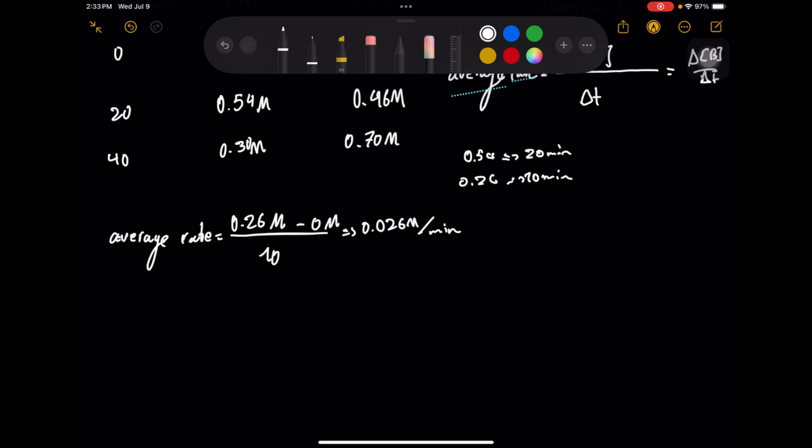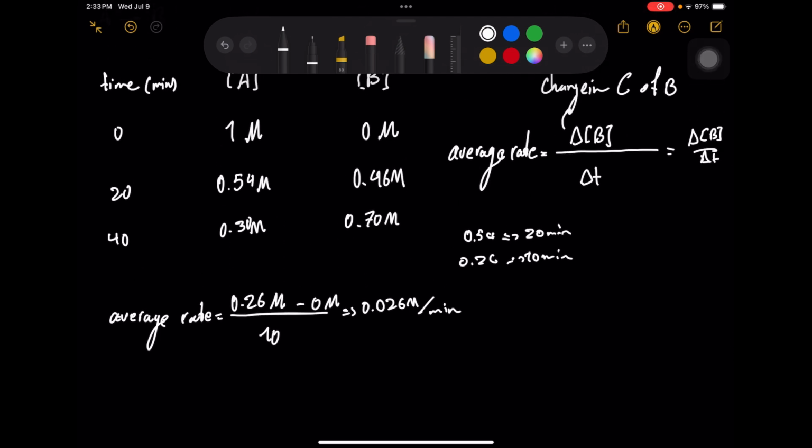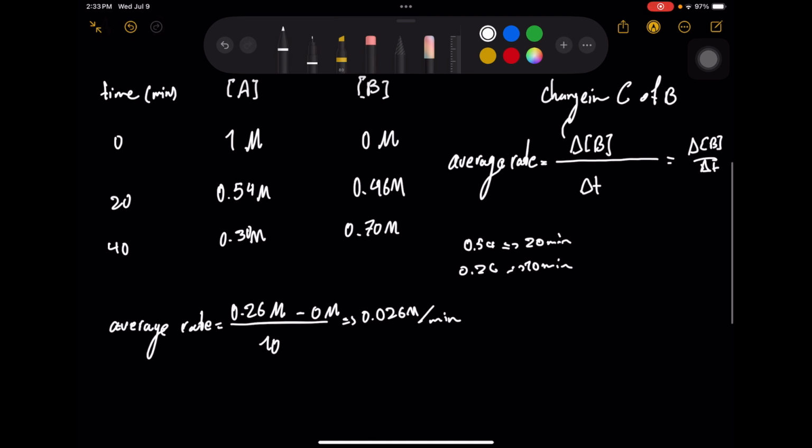So what is the rate of formation versus the rate of disappearance? In this example, we calculated the rate of formation, and we can also calculate the rate of disappearance. So now we need to calculate the rate of disappearance for A, because A is what is consumed here.